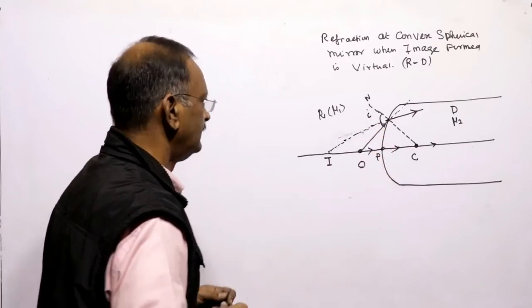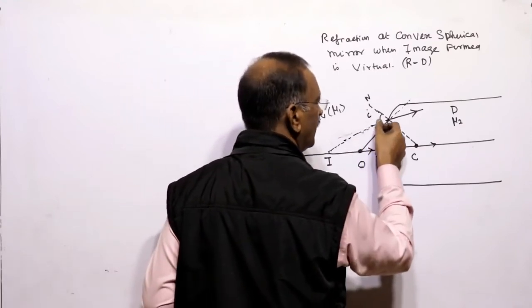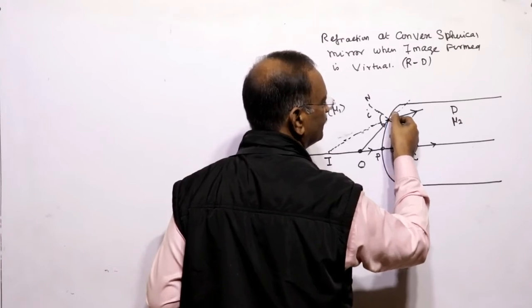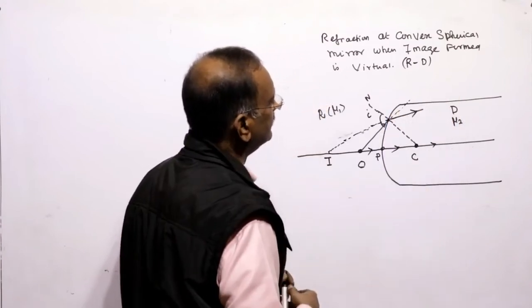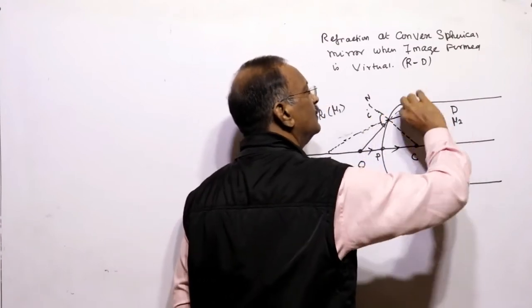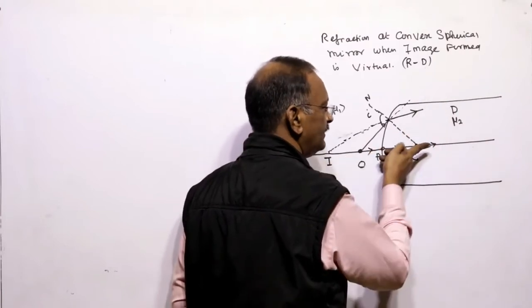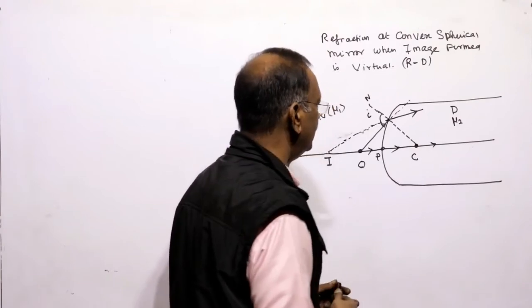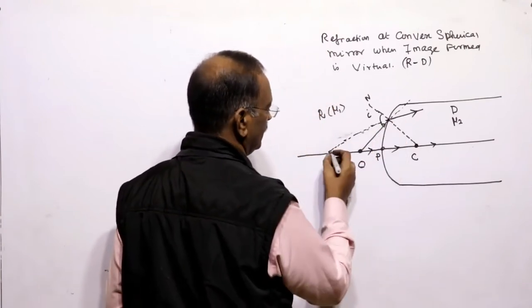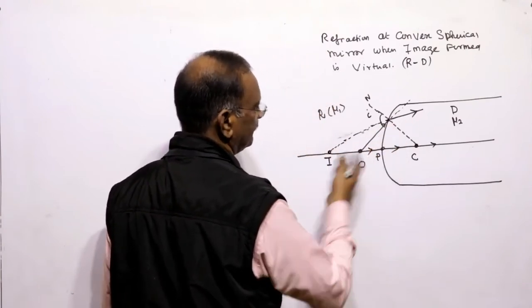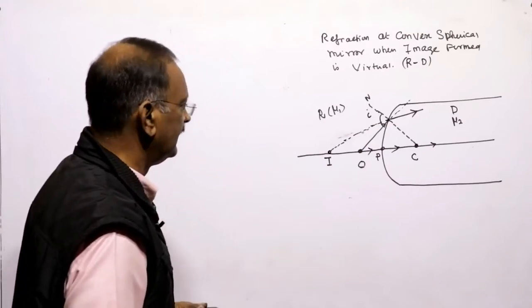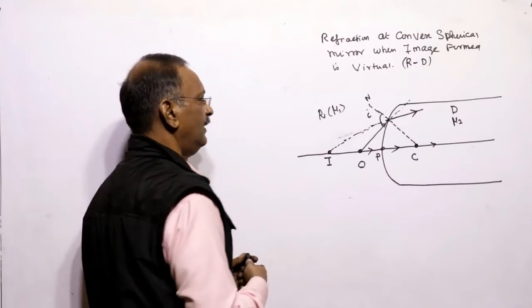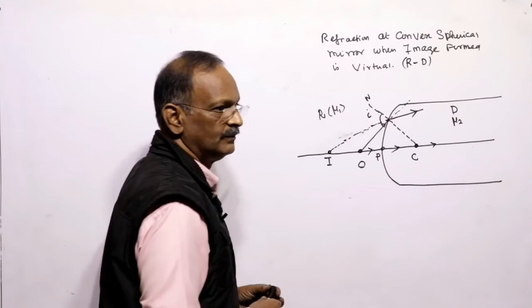It means, since the ray going from the object, after refraction, goes out there, and one more ray is going through the principal axis, both rays cannot meet each other. So produce it backward, and the point of intersection when it is produced backward is the point where the image is formed.